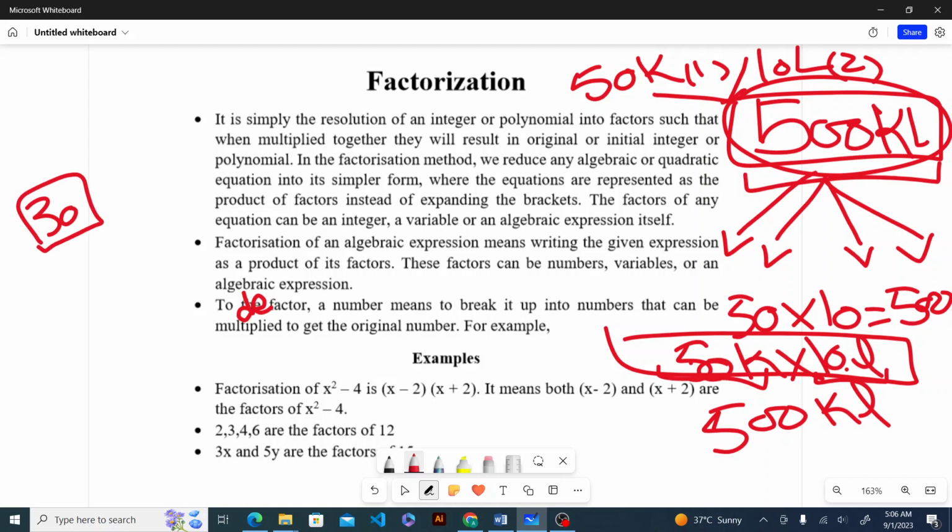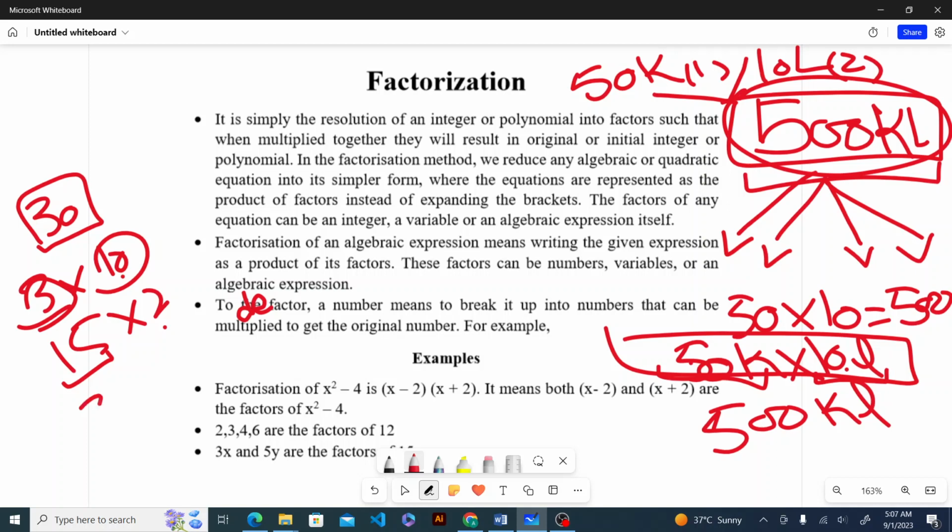We are going to factorize it. So there can be many factors like 3 into 10. So 3 and 10 will be the factors of 30. Then 15 and 2 are the factors of 30. Why? Because when we multiply 15 with 2 we get 30. When we multiply 3 with 10 we get 30, or 2 with 15, or 10 with 3. So these are the factors of 30.